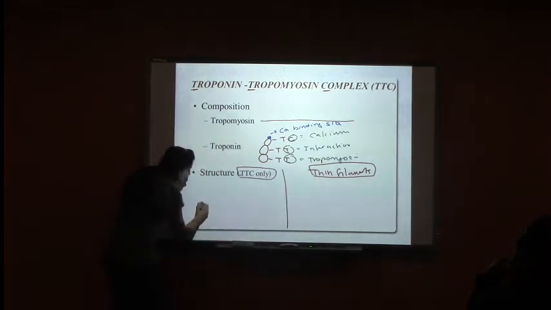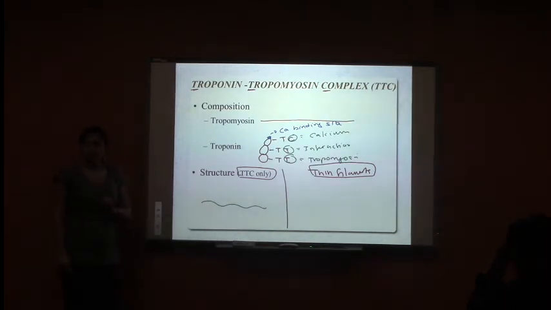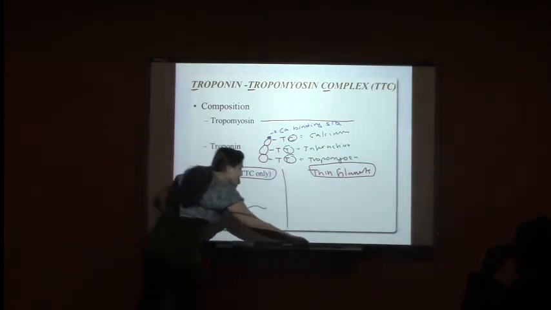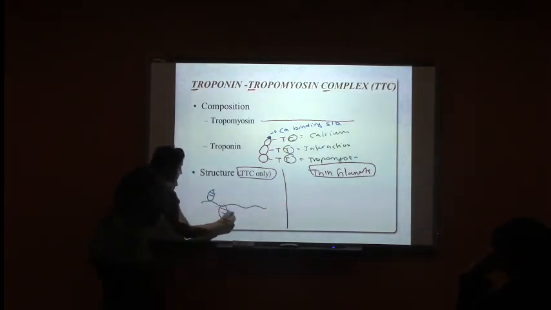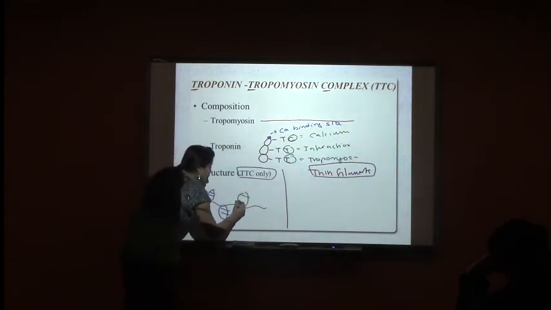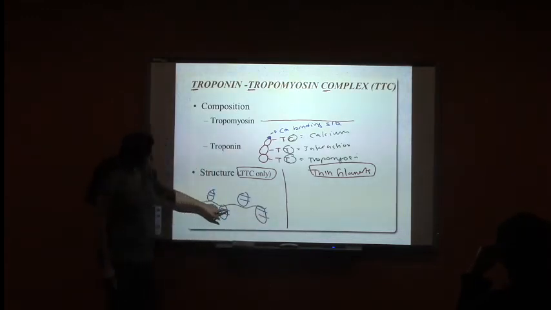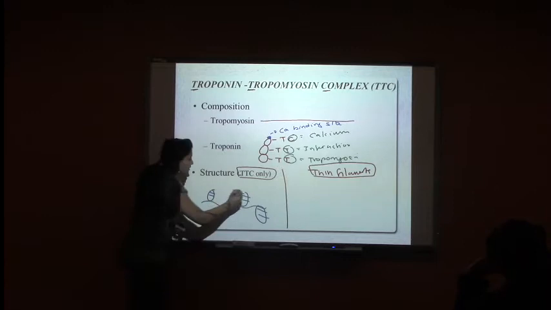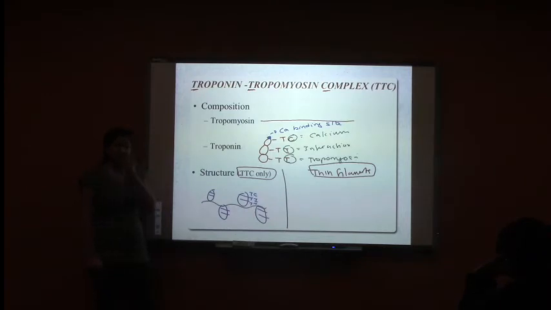So we have the tropomyosin. It's harder to draw, but the TC part, the TI part, and the TT part. Does that make sense? Or does that look confusing?